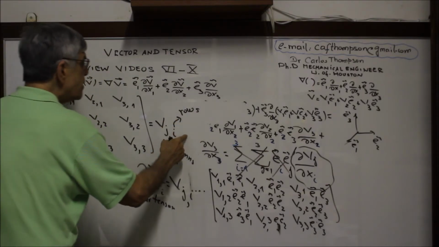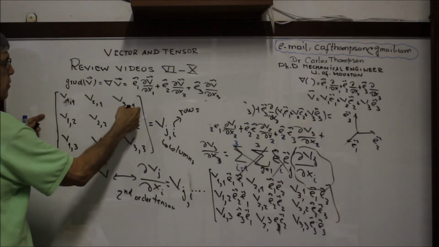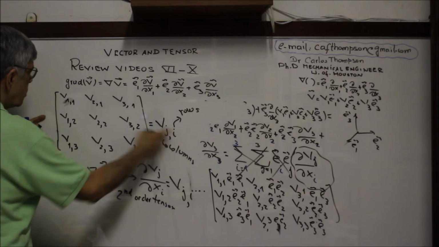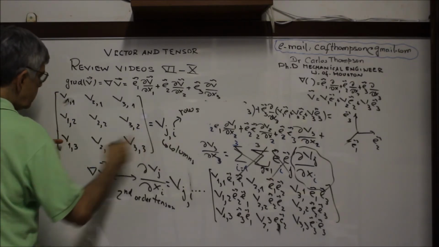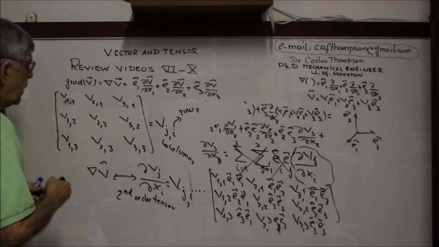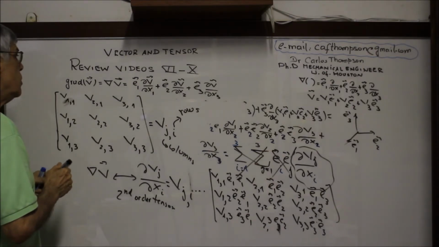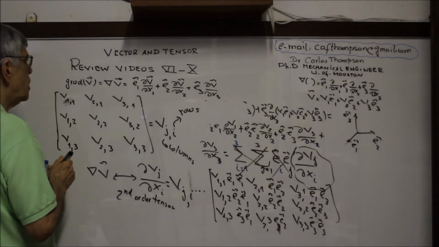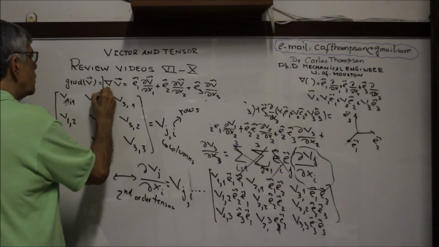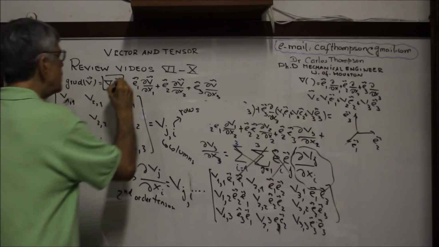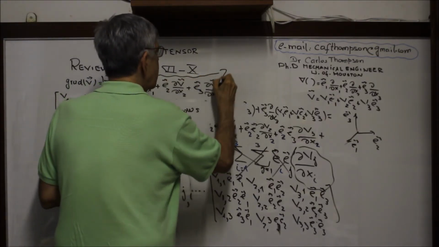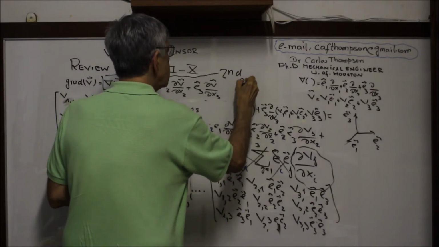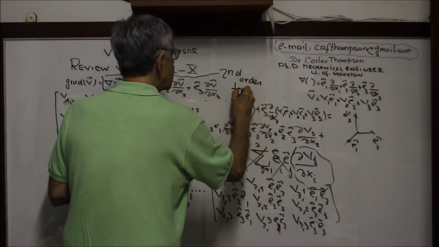You see, for i equal to 1, you have this row over here. For i equal to 2, this row, i equal to 3, this row over here. What's important for you to know is that the gradient of a vector is a second order tensor.